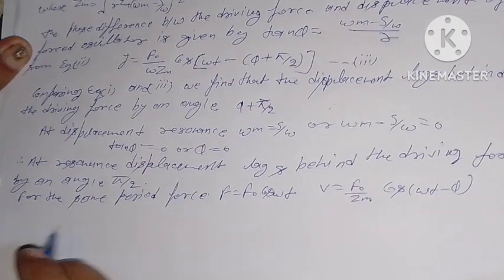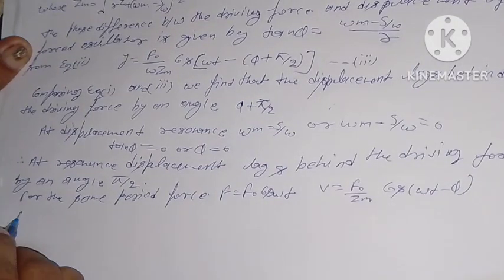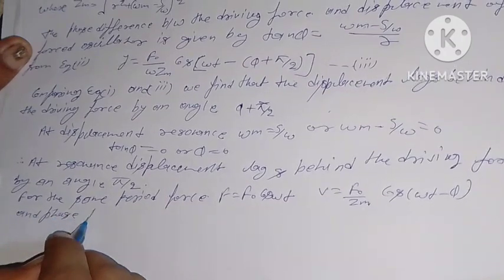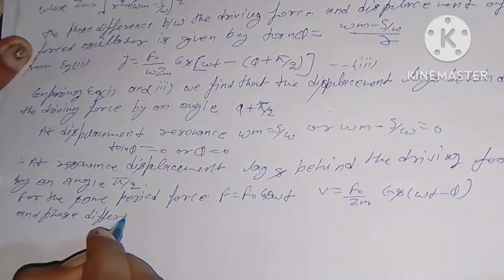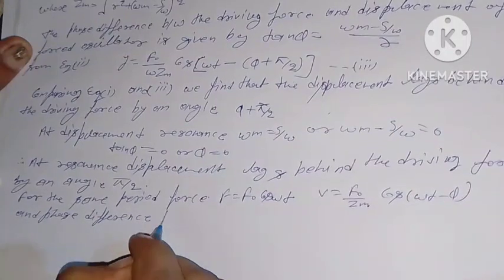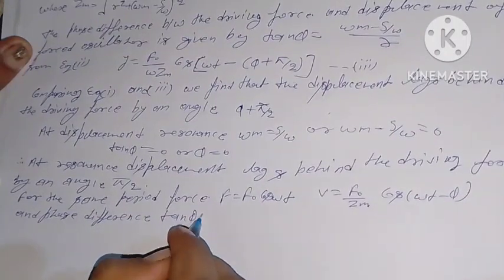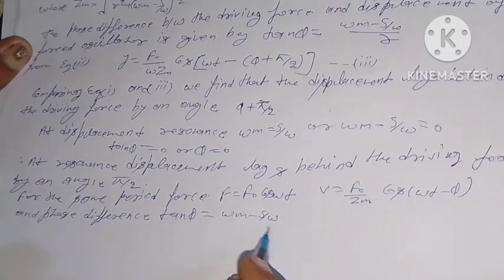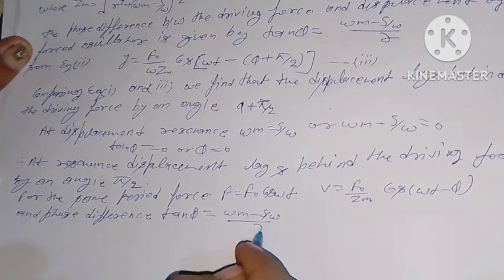And the phase difference tan phi equal to omega m minus s by omega upon r.